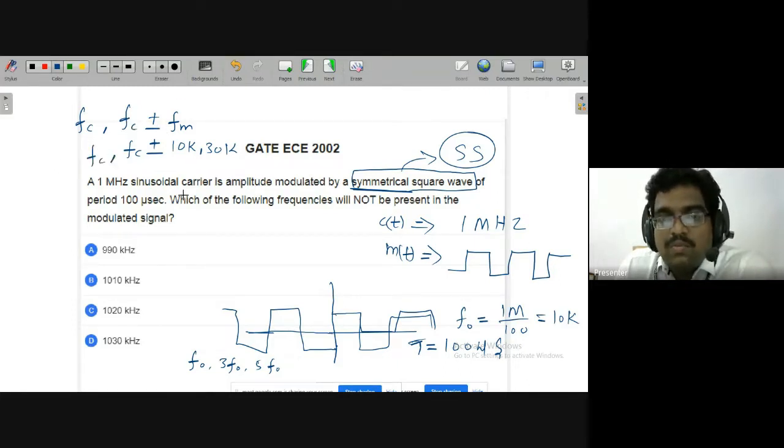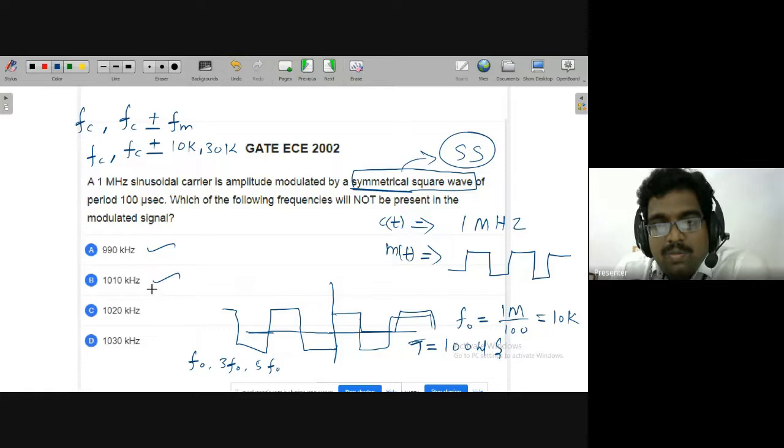So what is Fc? Carrier is 1 megahertz. Then what is Fc minus Fm? 1 megahertz means 1000 kilohertz. 1000 kilohertz minus 10, that means 990 will be there. 1010 will be there. 1030 will be there, but this will not be there.